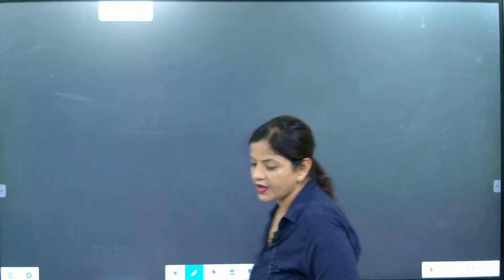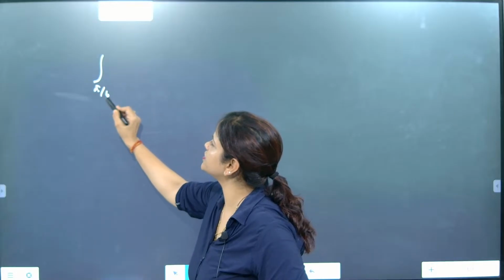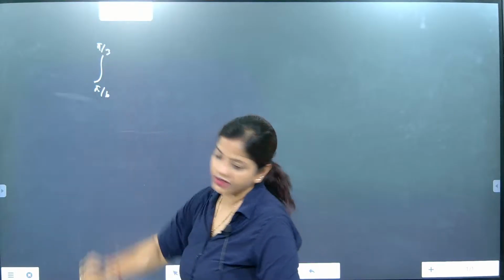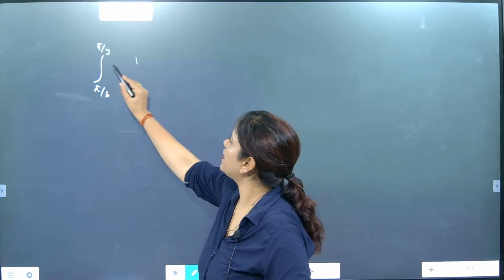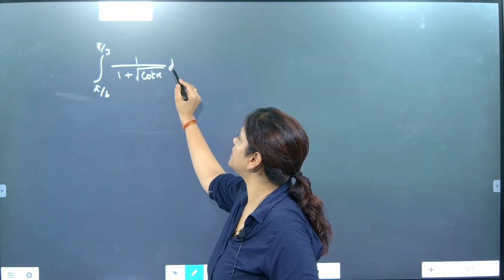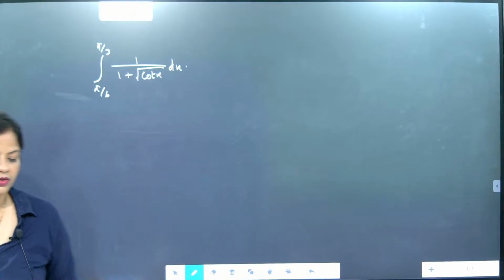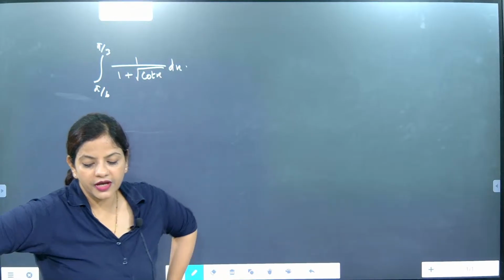Okay. Now look here, we will be going for the next question. When they give you a question like integral from pi by 6 to pi by 3 of 1 by 1 plus root under cot x dx, how are you going to solve it?